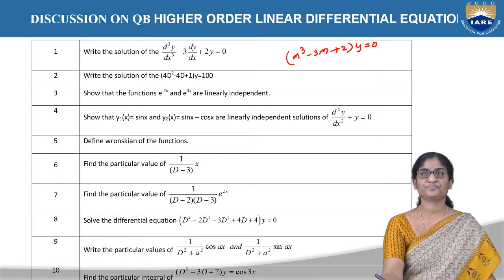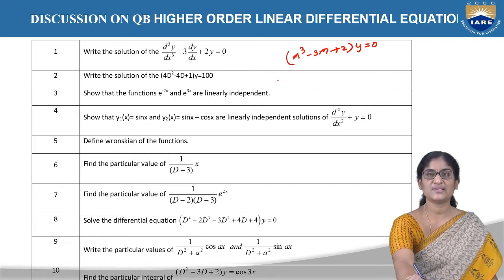Going to the next equation, write the solution of 4D square minus 4D plus 1 into y is equal to 100. Here, f of D is equal to 4D square minus 4D plus 1, and it can be converted to the auxiliary equation by replacing D with m.